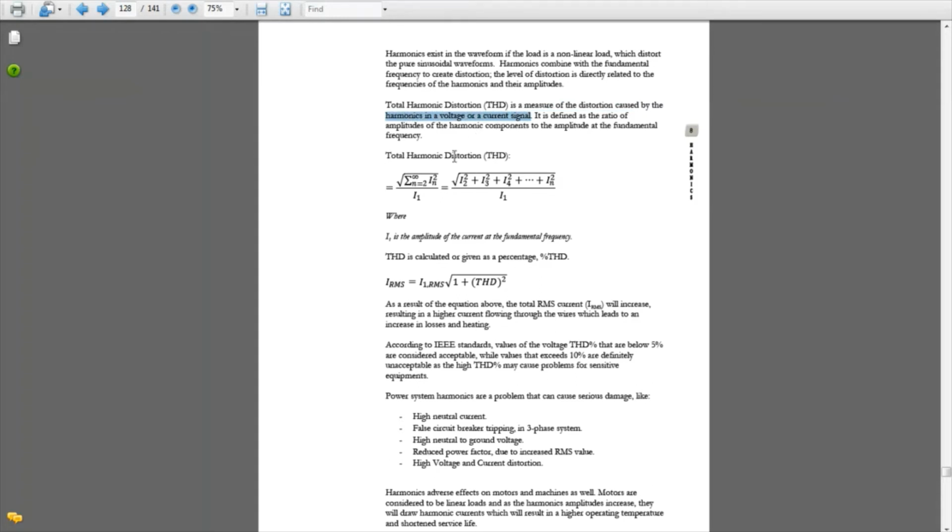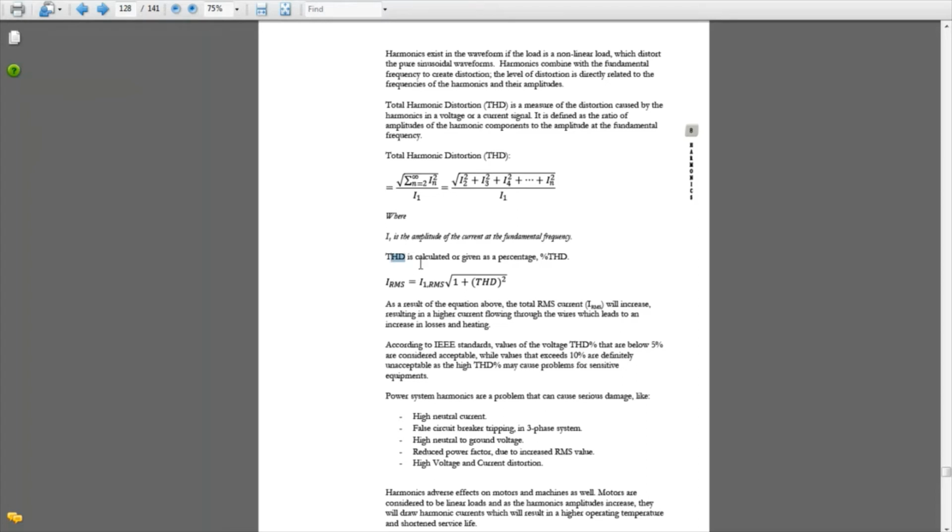So if the signal, a current signal for example, has an original amplitude of I1, to calculate the total harmonic distortion, we need to find the amplitude of the fundamental frequency, and then in the numerator we write the amplitudes of all other harmonic frequencies: I2 squared, the second harmonic, I3 squared, the third, and fourth and so on. So all harmonics together, divided by the amplitude of the fundamental frequency.